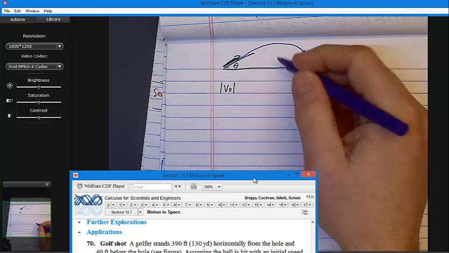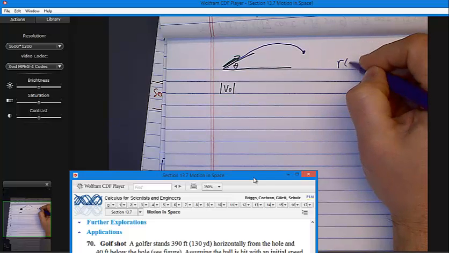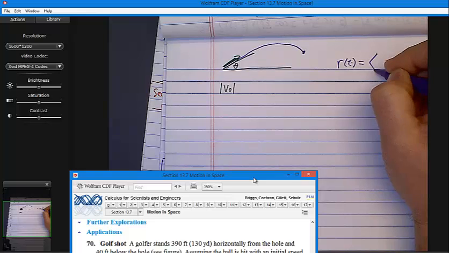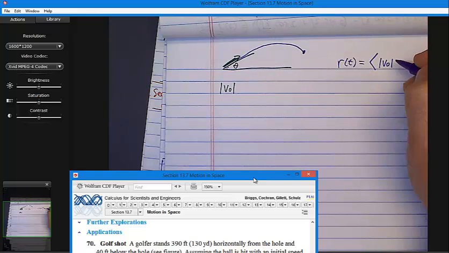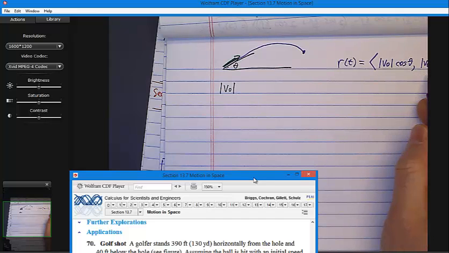But the basic idea is that, again, r of t here is going to be given by the length of V initial cosine of theta, and the length of V initial sine theta is almost the correct y-coordinate.